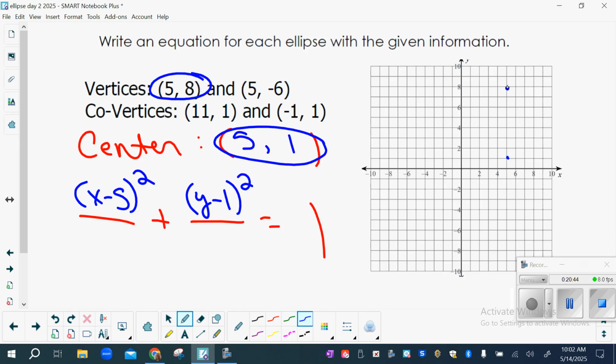It's 7 on my Y. Wait, but you're on the vertices. You're doing the 5, right? No. Good question. I'm not, because I'm ignoring the 5. I'm saying how far on the Y-axis do I go? If that confuses you, just use the graph. So no, it's 49 here.